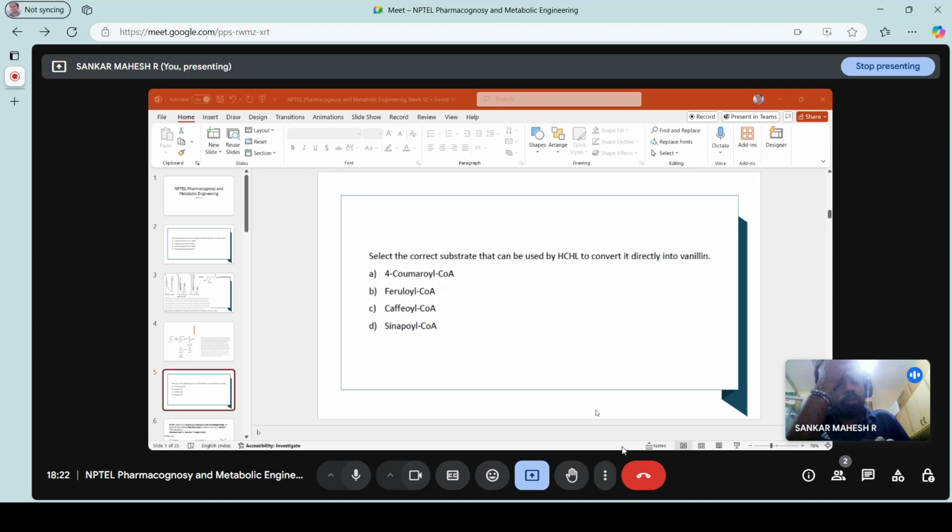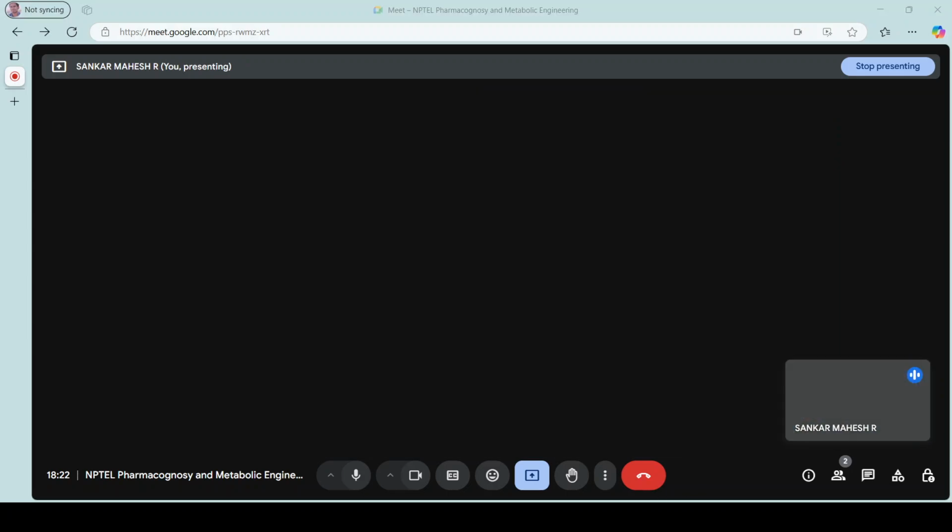Okay, so this is a related question. They mention an enzyme called HCHL, and they say that this can convert something to vanillin directly. What is that something? HCHL can be expanded as hydroxycinnamoyl CoA hydratase lyase.